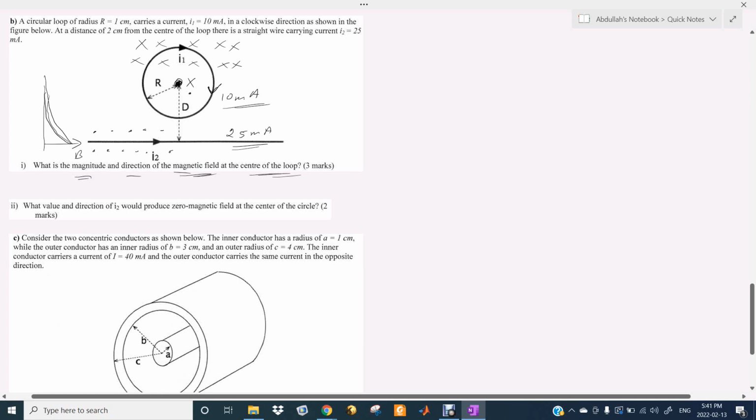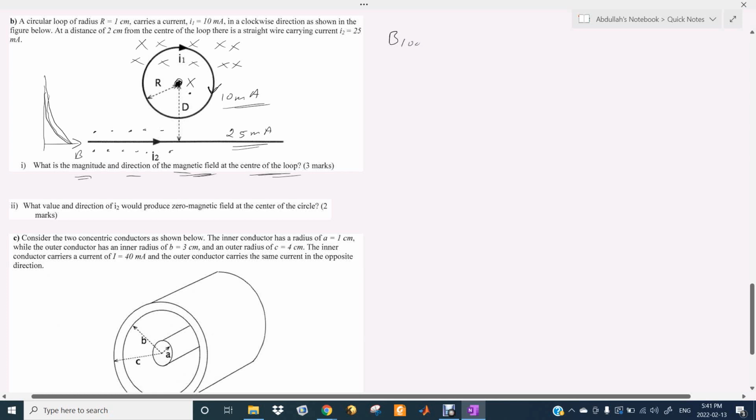At the center, you have two magnetic fields working, one because of 10 milliampere, the other because of the 25 milliampere. For the loop of current, the direction is into the page.